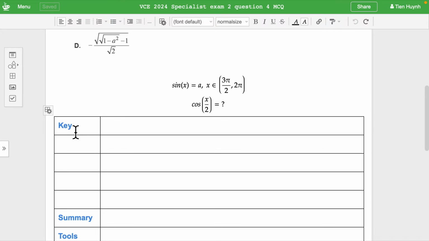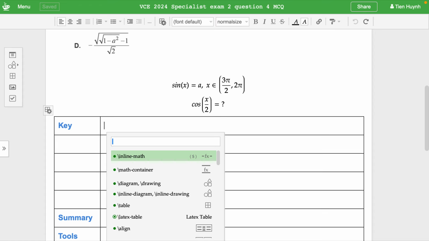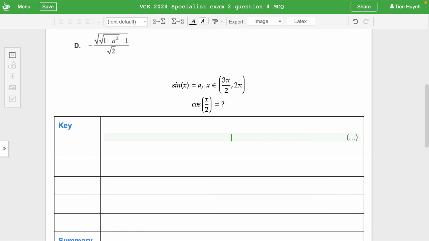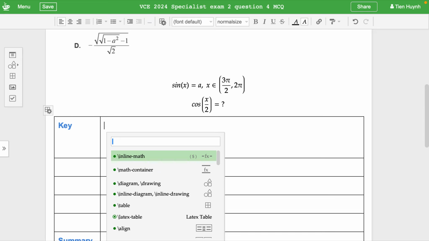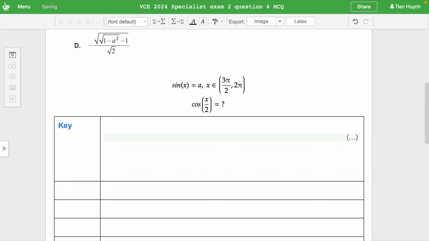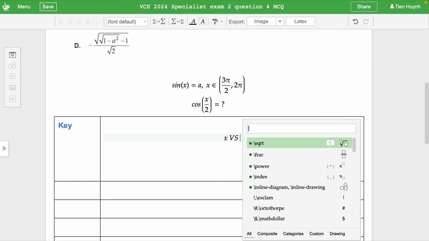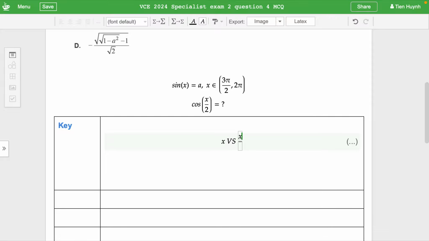So let's look at what is the key point for this question. First of all, we need to recognize the relationship between the angle x and the angle x over 2, that is x and x divided by 2. This is the relationship of double angle, right?